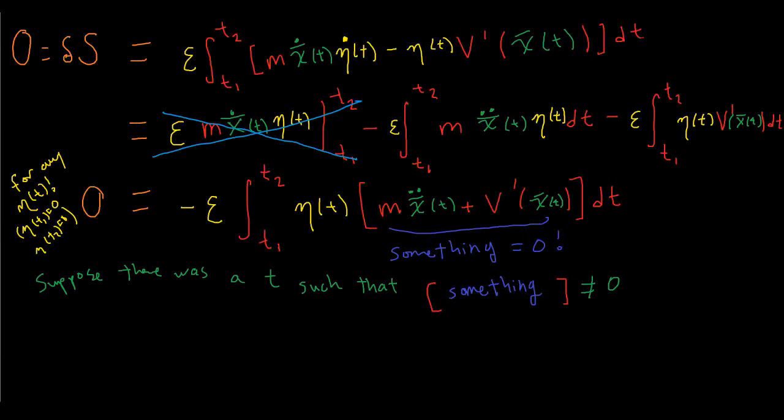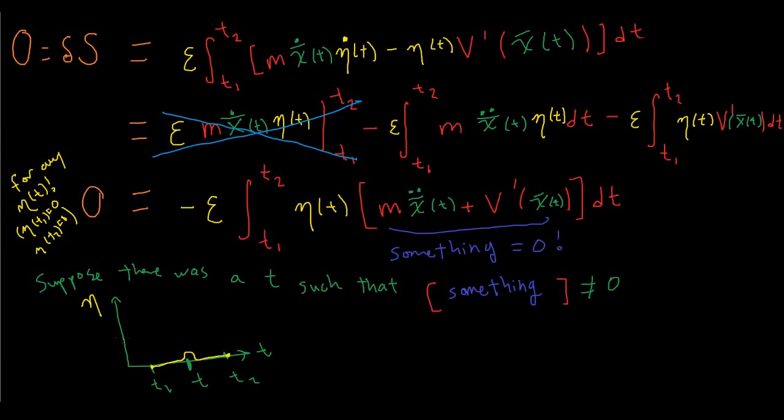Well, if we think about a graph of time between t1 and t2, and say that this were the t where our something wasn't 0, we could just make up an eta of t to specifically catch it right when it wasn't 0.